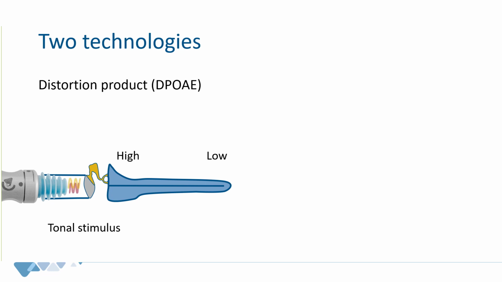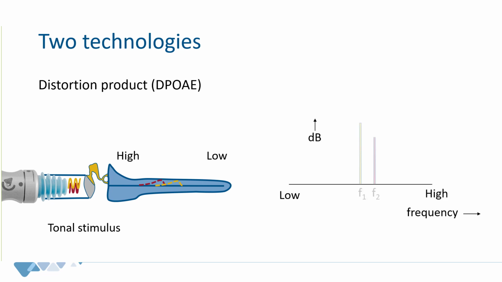We put the probe in the ear again. This time, we present 2 pure tones. These pure tones cause the basilar membrane to be activated like it's visualized here. I will show that more precisely in a frequency range from low frequencies to high frequencies, the F1 and the F2 frequency.